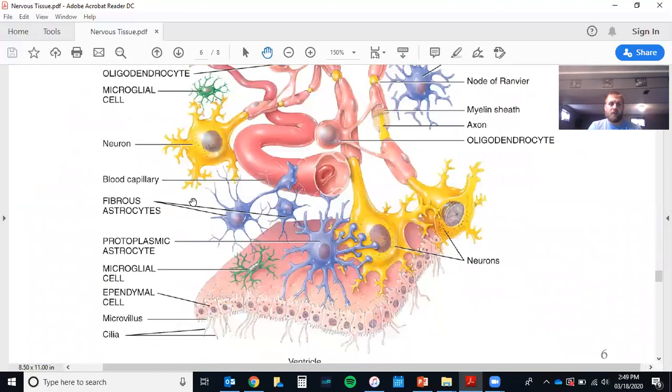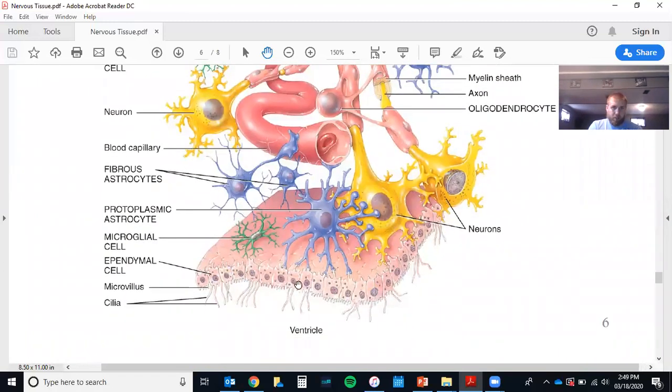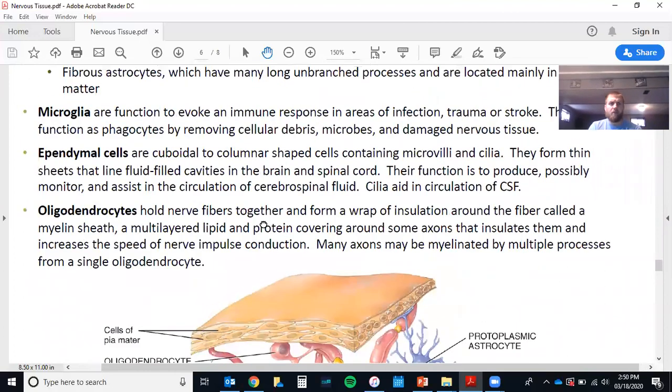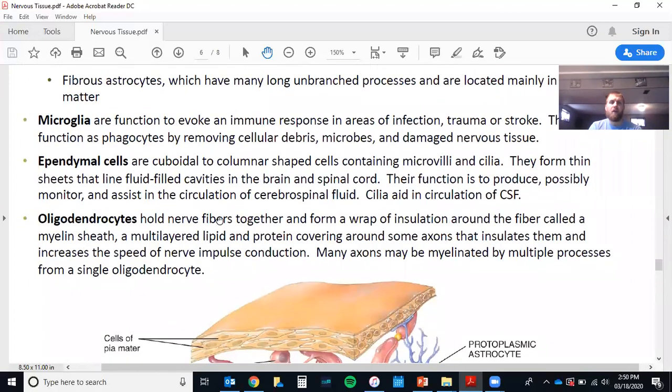Ependymal cells are these down here at the bottom, and have a lot of similarities in shape and structure to epithelial cells that we learned about earlier in the semester. These happen to be cube shaped. They can be a little bit columnar in shape. A lot of them actually have cilia or microvilli, which enables them not only to secrete, but also to circulate what we call cerebrospinal fluid.